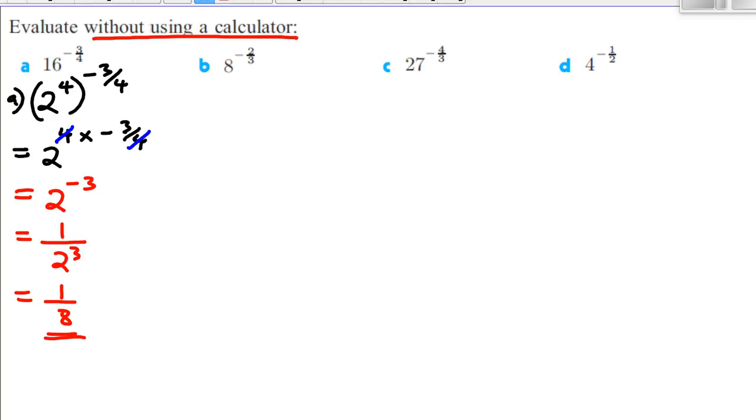And then for B here, you have 2 to the power of 3.